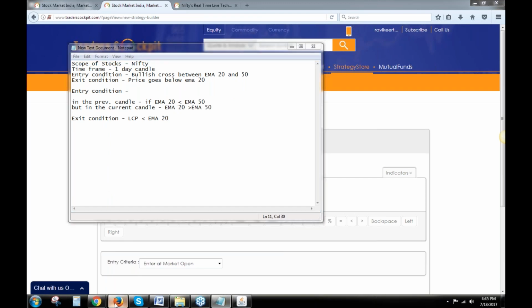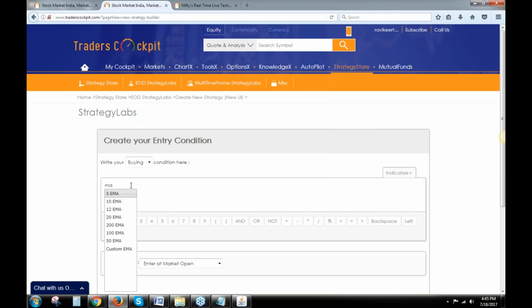As soon as I type EMA, the EMA 20 period and EMA 50 period indicators are available. So my first condition is EMA 20 of the last candle should be less than EMA 50. That is my first condition, and I put this in brackets.